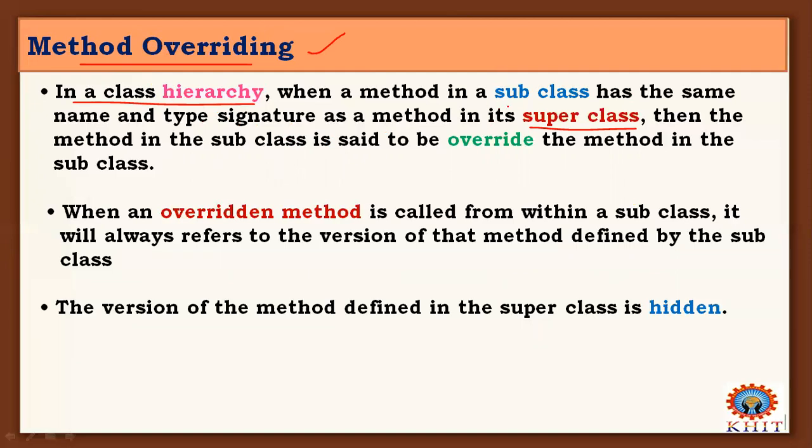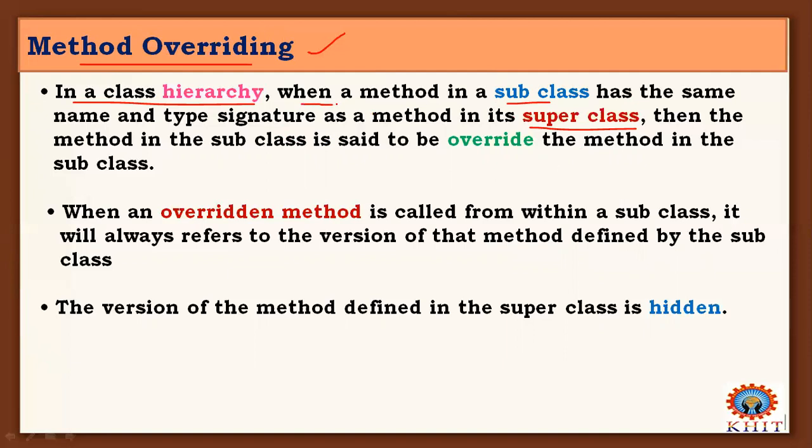So that is subclass. The superclass may have some methods, and the subclass also may have some methods, and overriding is a concept related to methods between this class hierarchy, that is, superclass and subclass in relation.